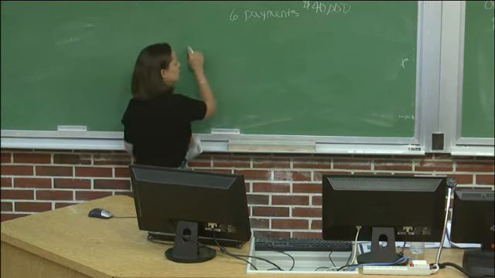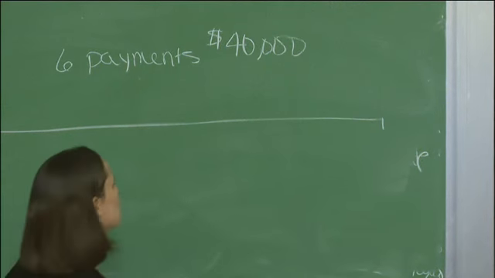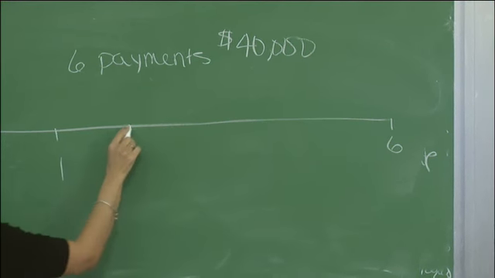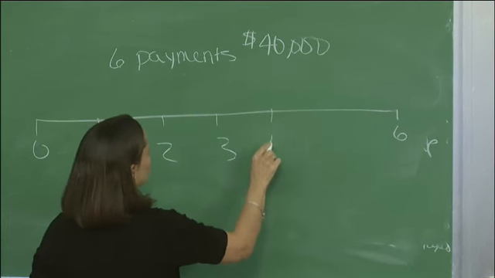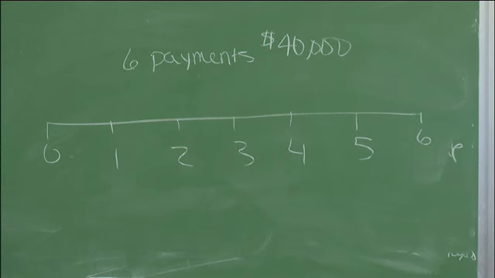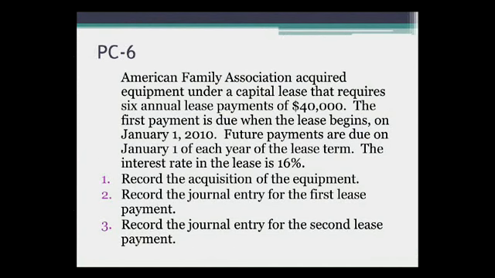What's happening here? This is 6 payments. When are the payments? It says the first payment is due when the lease begins on January 1, 2010. So this is at time 0.